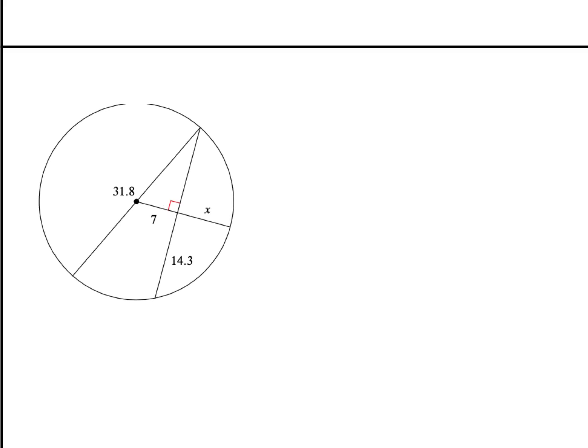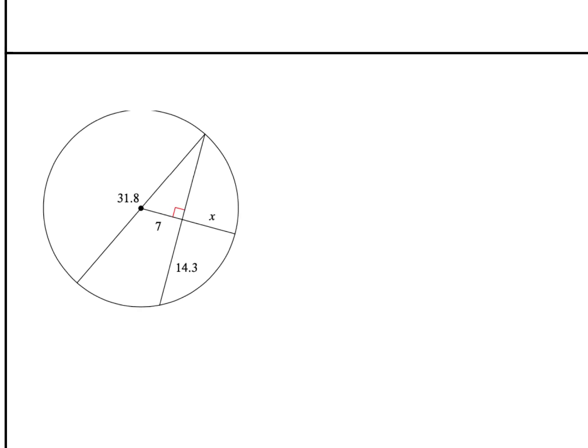Okay, this is very nice. All I can see in here is that this diameter has a total length of 31.8. So if I'm going to get the size of one radius, that's going to be 31.8 divided by 2. This is going to give me 15.9.